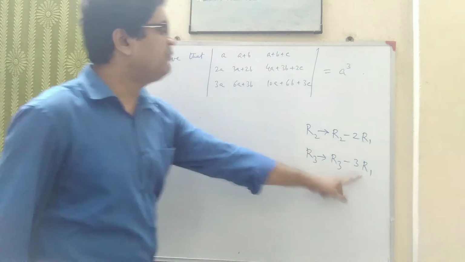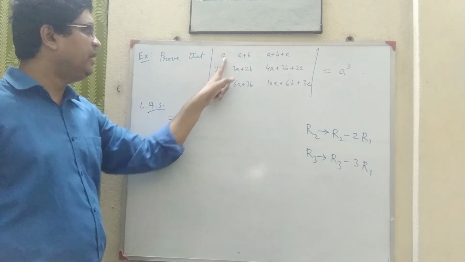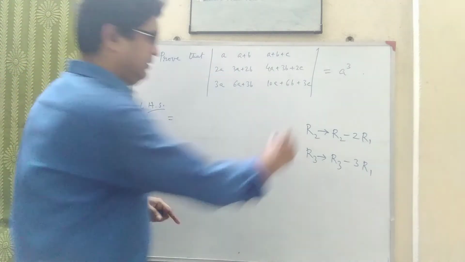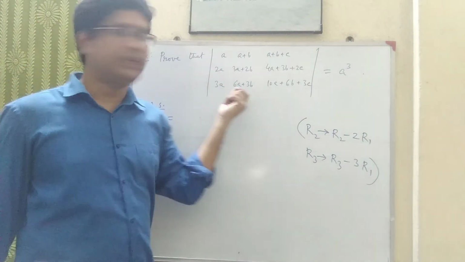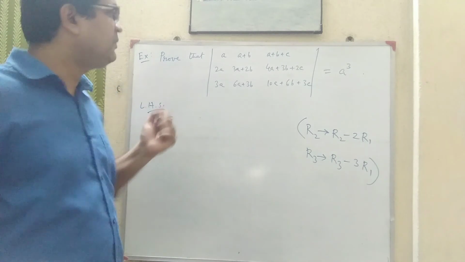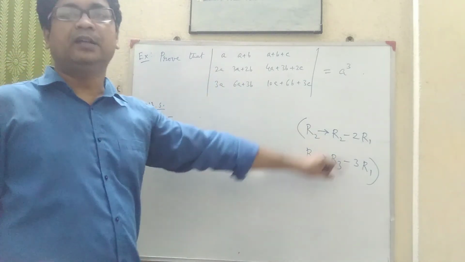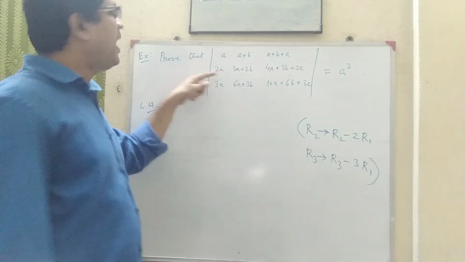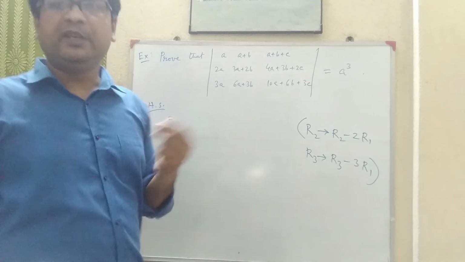Why 3r1? Because when I multiply this by 3 it will become 3a, and 3a minus 3a will become 0. So you have to observe the elements. As I said earlier, observation is very much important in problems of determinants. If you look at the elements very carefully, you can find which operations you have to apply, and here you have to try to make as many zeros as possible.